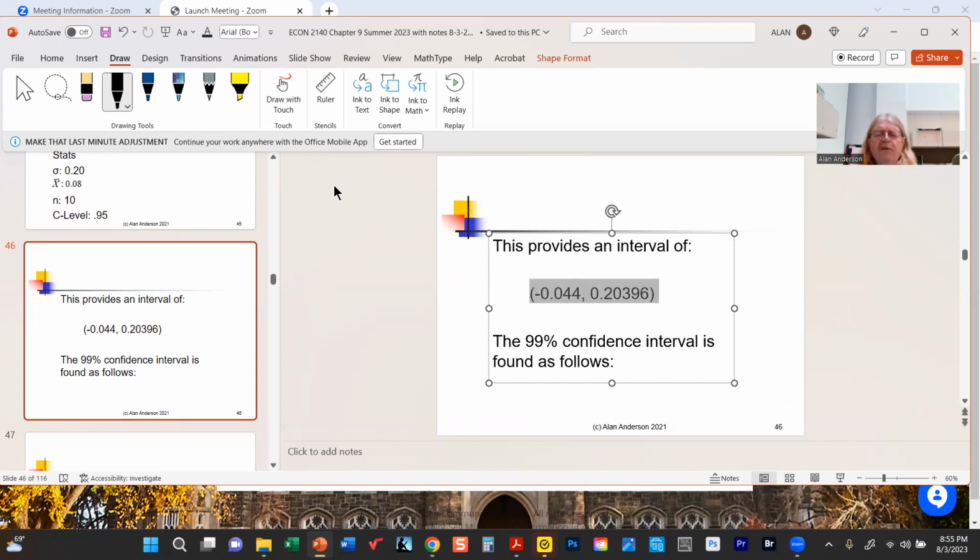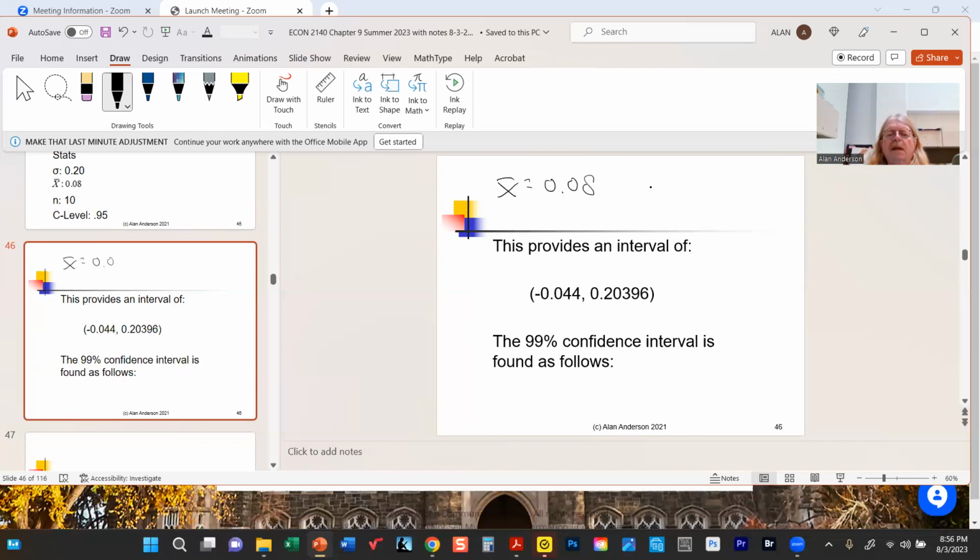By the way, if you do use your calculator, it doesn't explicitly tell you what the margin of error is, but you can figure it out, because the calculator will tell you what X bar is. So if you do not know the margin of error, you can take the upper limit and subtract the X bar.